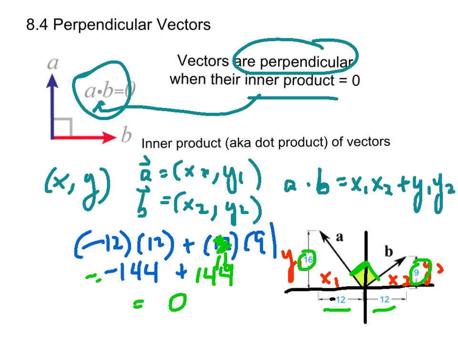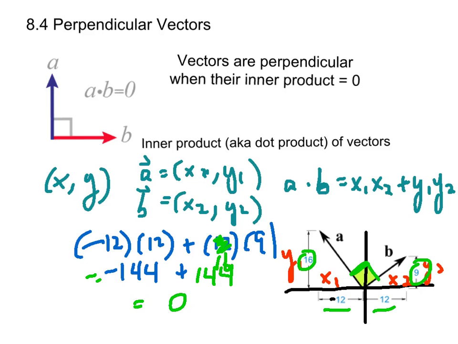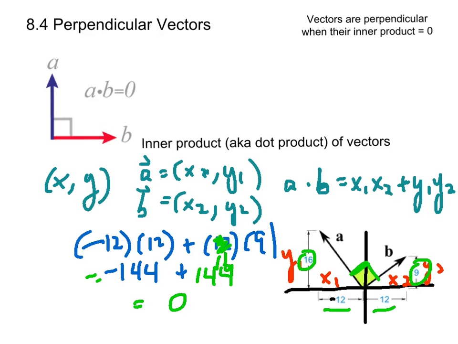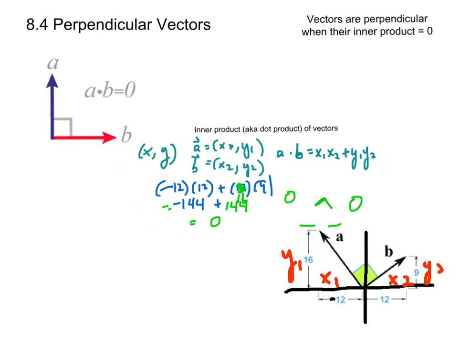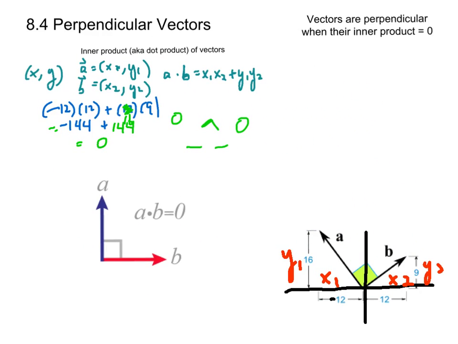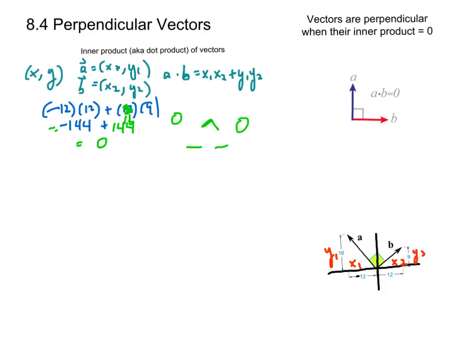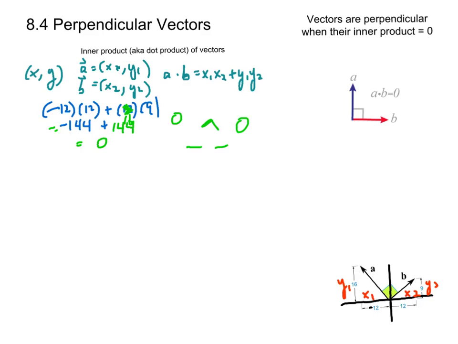What if we are in three-dimensional space? Very little changes. Just like before, we just have the z component to deal with as well. I'll leave that up there in case you need to copy that down. Here's what I want to focus on. This is the formula for the inner product or dot product when you're in a plane, just x and y.